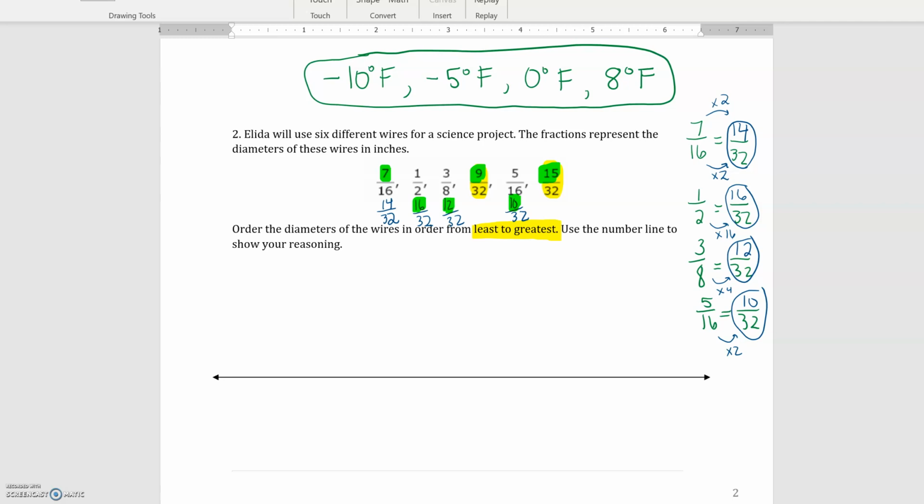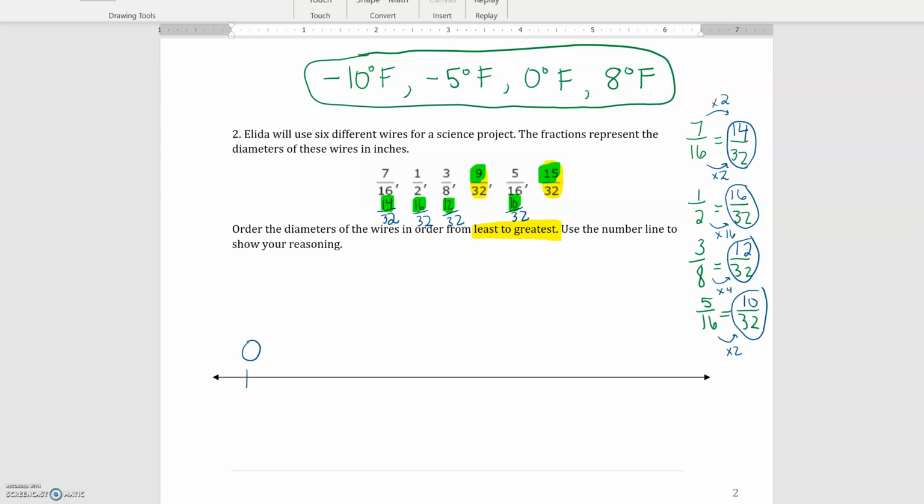So I see they're all positive, so I'm going to put a 0 here to start off. I'm going to just put them into order from least to greatest. Let me actually change this a little bit. I should be highlighting this 14 right here to make the same unit.